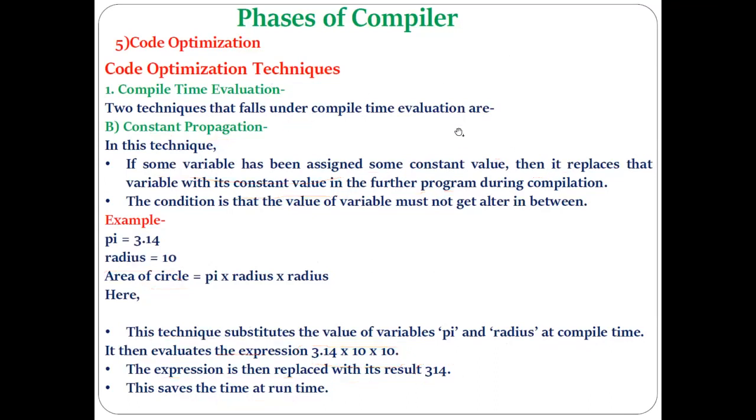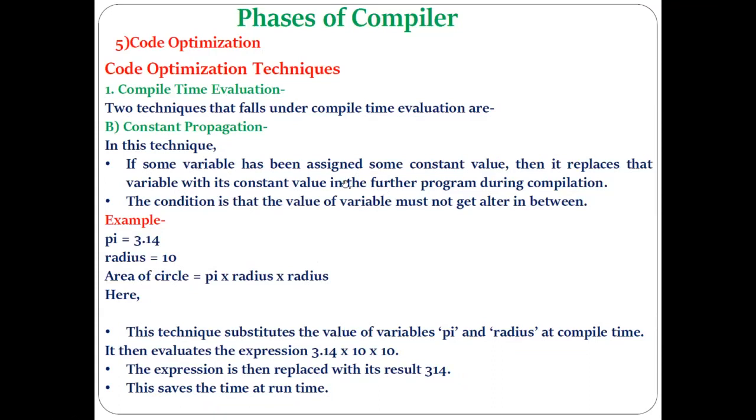Compile time evaluation is the most important technique; usually the compiler does this kind of code optimization on our program. Understood? So that is the first technique of code optimization, compile time evaluation, where we make changes in the program, or evaluate the intermediate code, without doing that at runtime if it is possible.